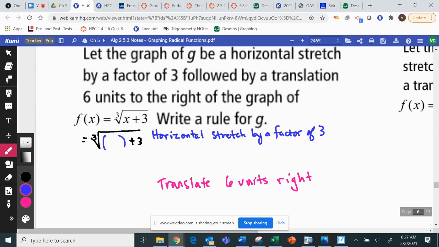So I prefer to just get it right and not do it in my head. Now, writing out the words horizontal stretch by factor 3, that's up to you. That's written right above, so I don't care if you write that. I'm doing that to help you so you know why I'm about to put a 1/3 x instead of x. I'm replacing the x with 1/3 of x.